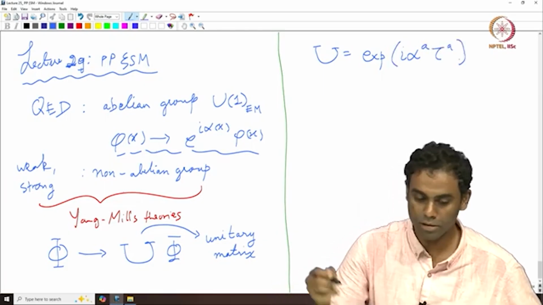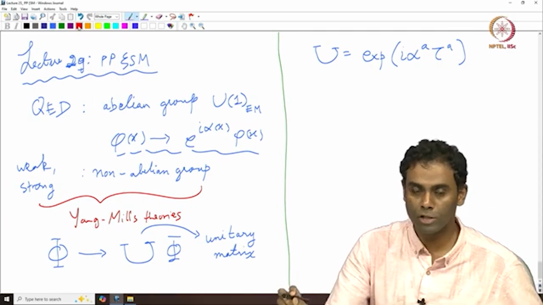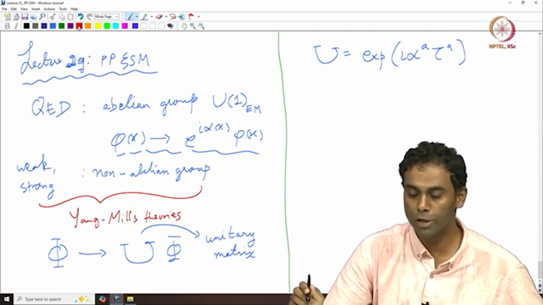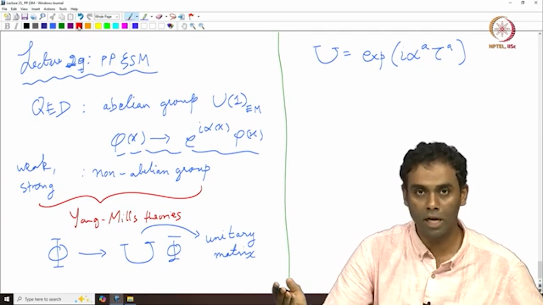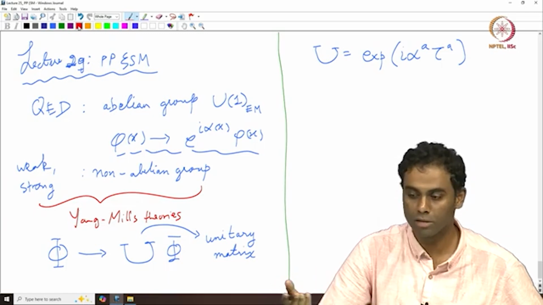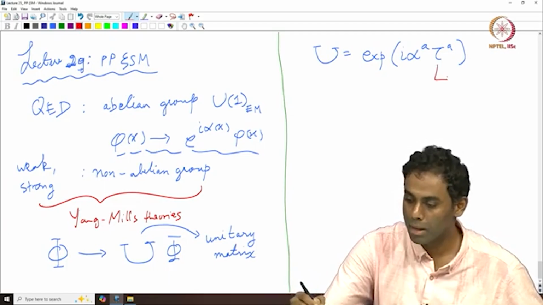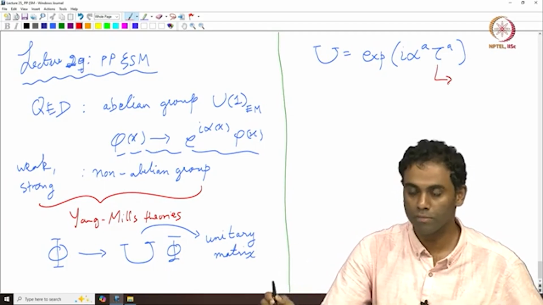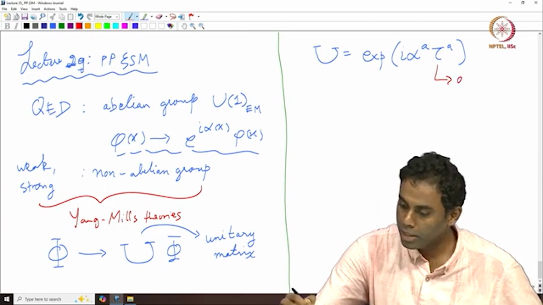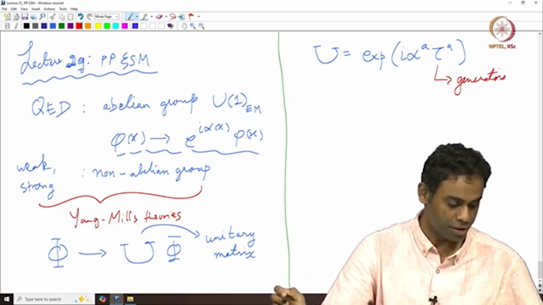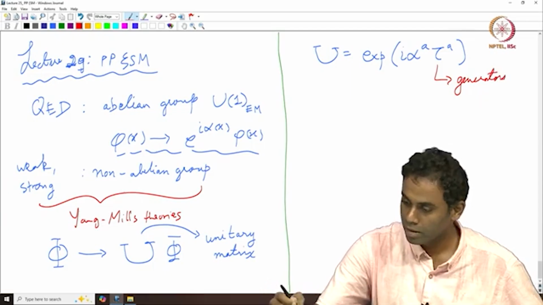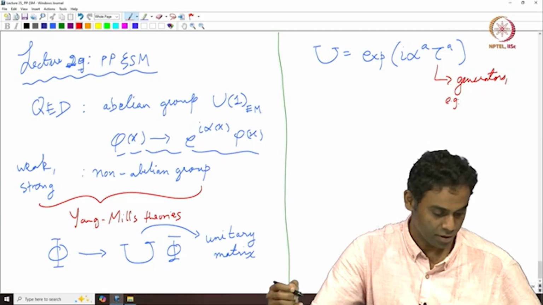I'm going to call the generators tau A. We saw this in Lie groups: you can populate the entire group using the generators. This is exactly what we did last time when we did Lie groups. Correct? So the tau A's are the generators of the particular group that we are thinking about. For example, what is it for SU2?